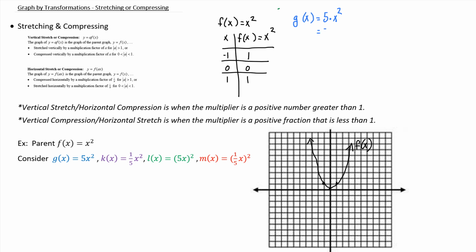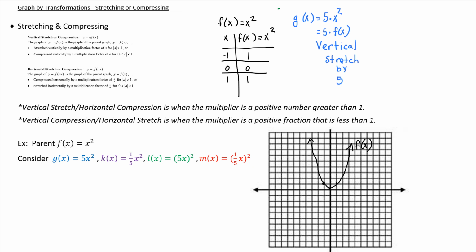It's 5 times my original function, f of x, so it's 5 times the y's. That's a vertical concept because the multiplier is on the whole function, the y's. And since the value is 5, it's going to be a stretch by 5, exactly what you would expect.